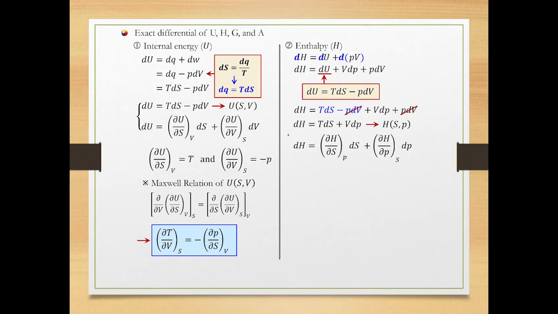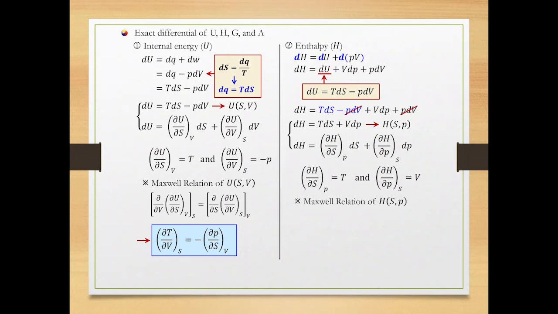Compare these two differentials. dS and dP are present in both equations, which implies that the partial derivative of H with respect to S is equal to T, and the partial derivative of H with respect to P is equal to V.